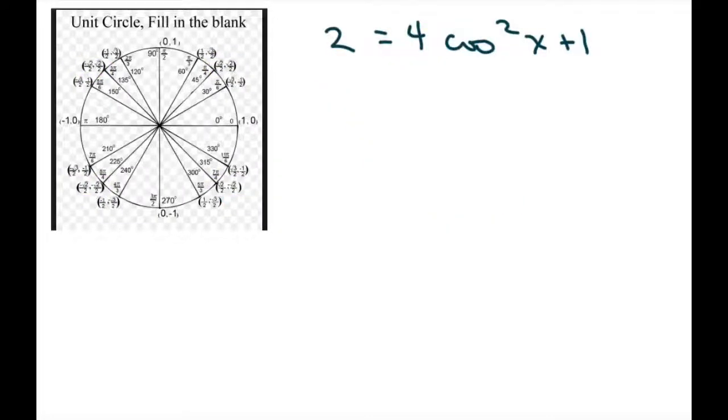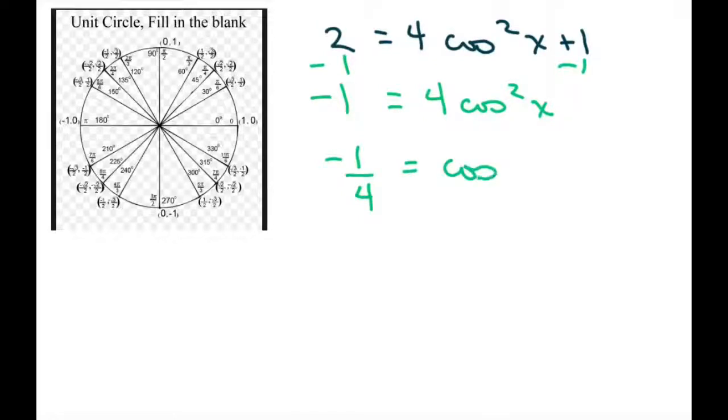All right, this one, we're going to subtract 1. So you get negative 1, subtracting 1 from both sides. And then divide both sides by 4. This should be positive cosine squared of x.